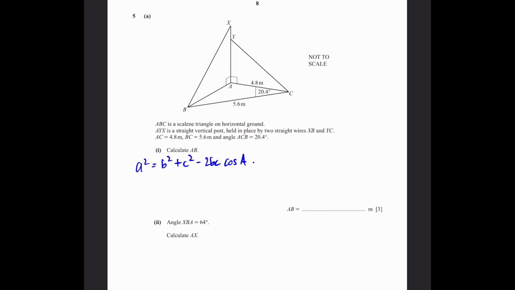Now, let's say a squared is AB squared. That will be 4.8 squared plus 5.6 squared minus 2 into 4.8 into 5.6 into cos of the angle opposite this, which is 20.4. AB squared will be equal to, let's do all of it and then simplify.